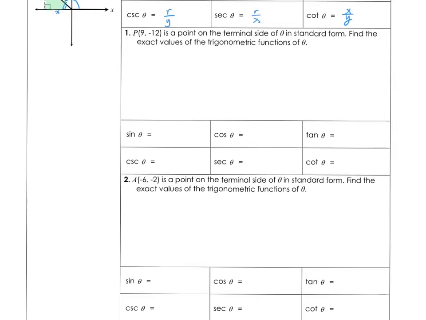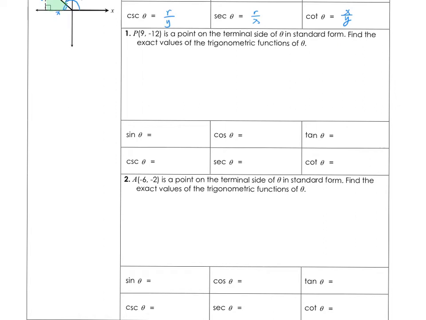Point P is at 9 and negative 12. So immediately draw a diagram. You have 9 being positive, negative 12 is probably around here. So this is P, which is 9, negative 12. And you want to have a terminal side, and then your x-axis this way, y-axis that way.